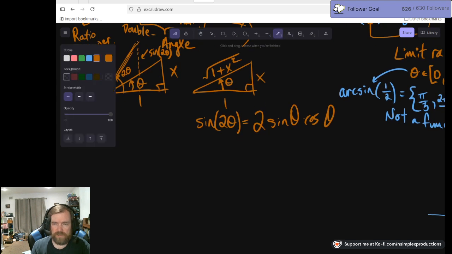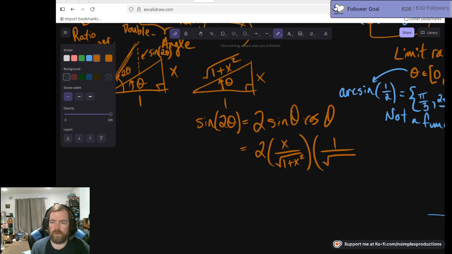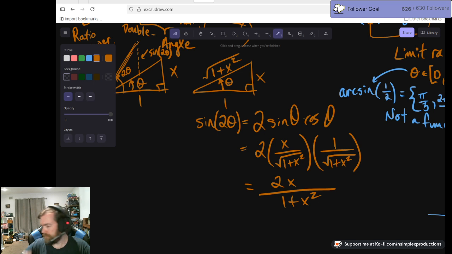So this means that twice the sine of theta, given that diagram, is going to be x over square root 1 plus x squared. The cosine, according to that diagram, is 1 over the square root of 1 plus x squared, which is equal to 2x on top over 1 plus x squared on bottom. And that is it.